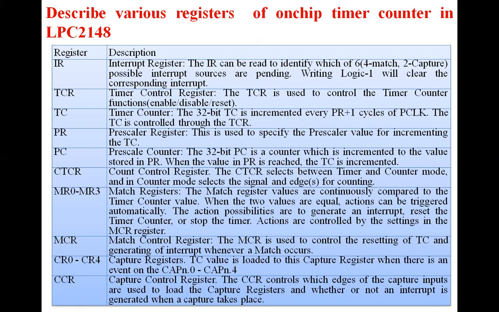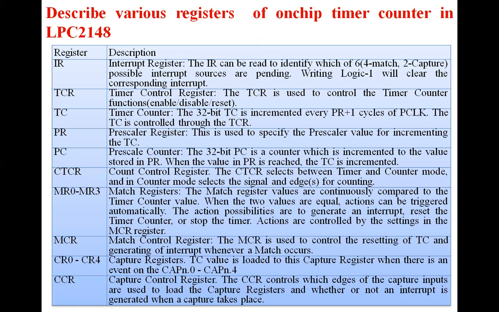So here first is IR, that is the interrupt register. The IR can be read to identify which of 6, meaning here 4 match and 2 capture, interrupt sources are pending. Writing logic 1 will clear the corresponding interrupt.